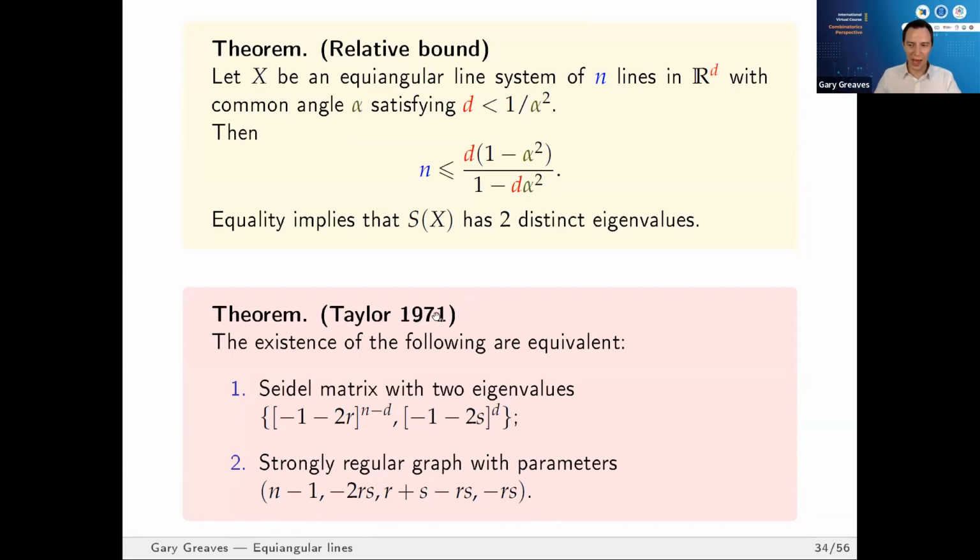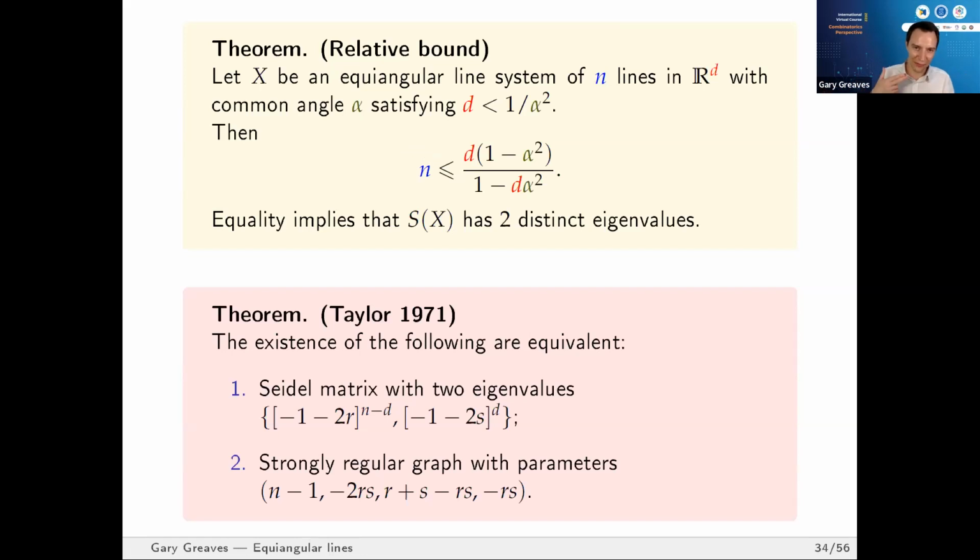And so there was a big effort to try to understand these strongly regular graphs. By understanding strongly regular graphs, you can construct the corresponding equiangular line systems. And even more amazingly, in my opinion, there were some researchers just working on the best possible equiangular line systems, and they managed to find new strongly regular graphs based on their constructions.